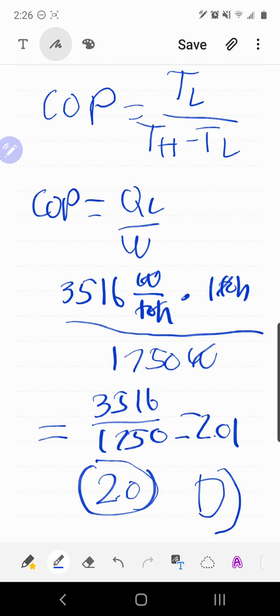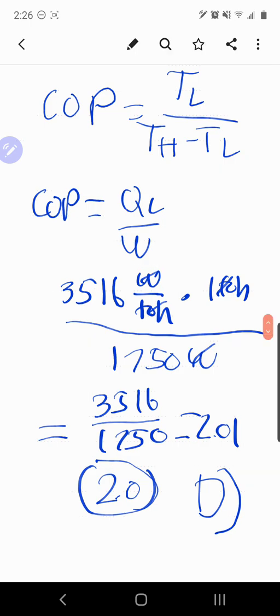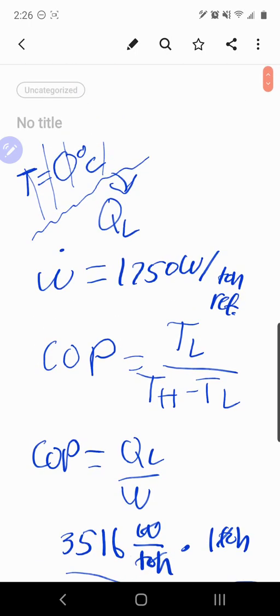Okay, let's look at problem number 6, which is kind of similar to this one in asking for a coefficient of performance with a slightly different situation. This one might be a little more memorable to some of you. This was problem number 3, by the way.